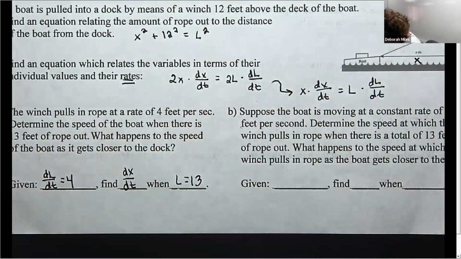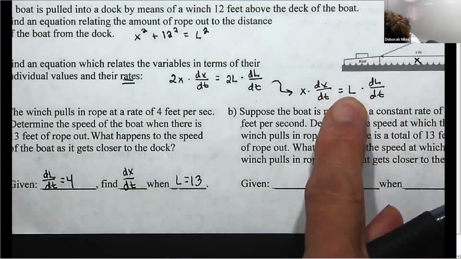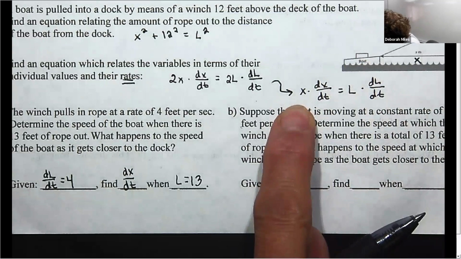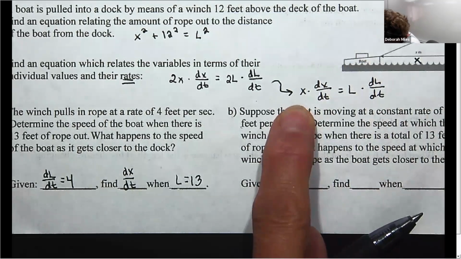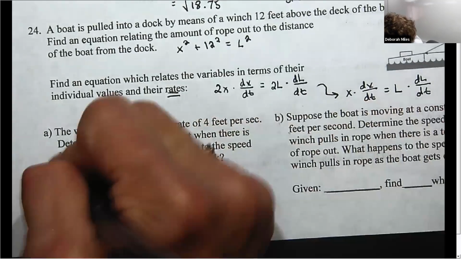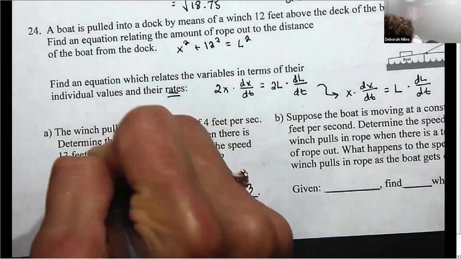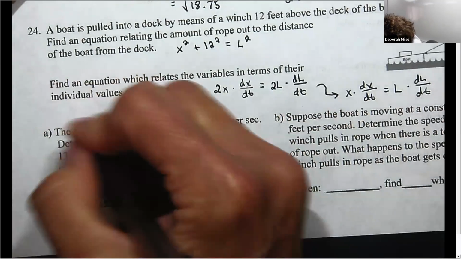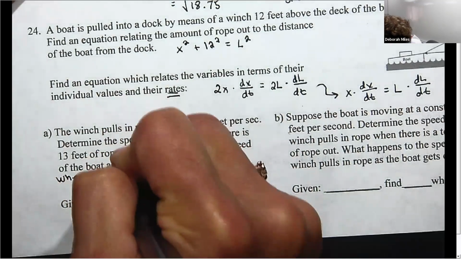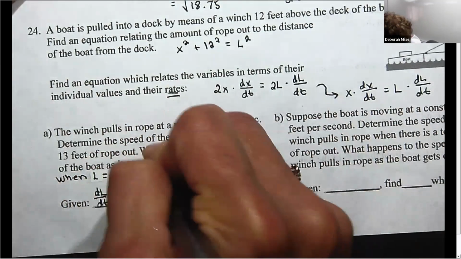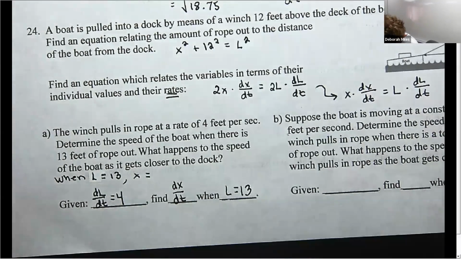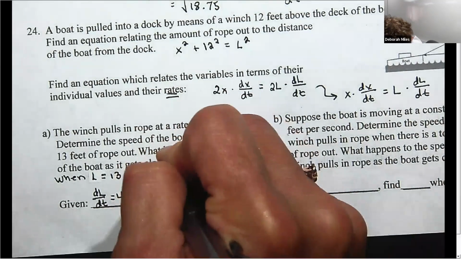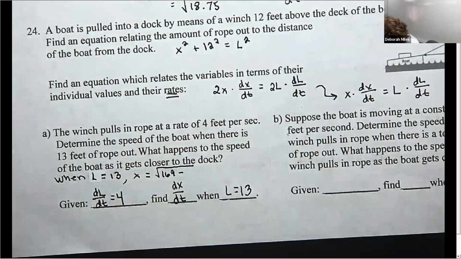I'm going to substitute those values into this equation and have, oh, I don't have anything to plug in the place of X. Use the Pythagorean theorem. I can put it right here. When L is 13, X would be square root of 169 minus 144.